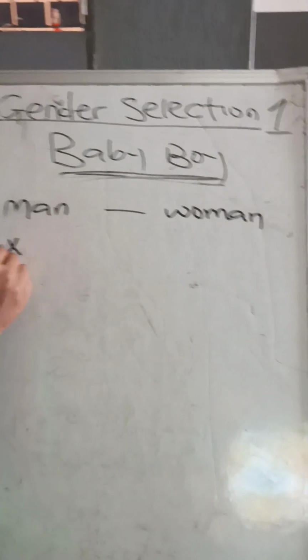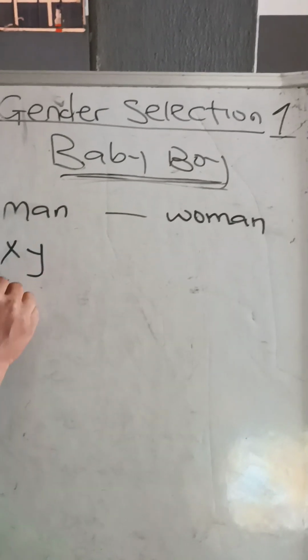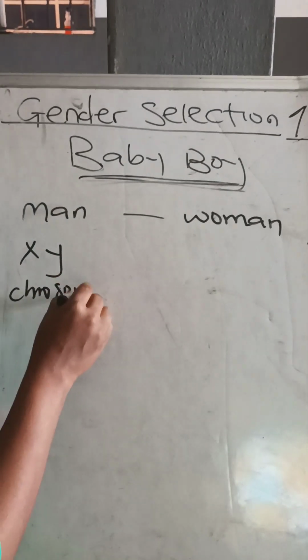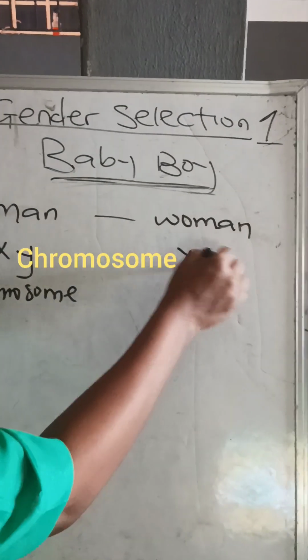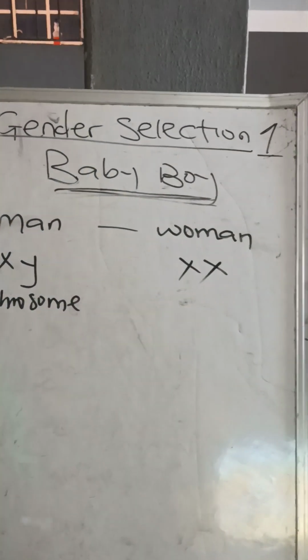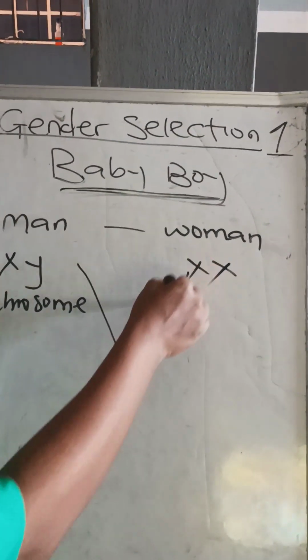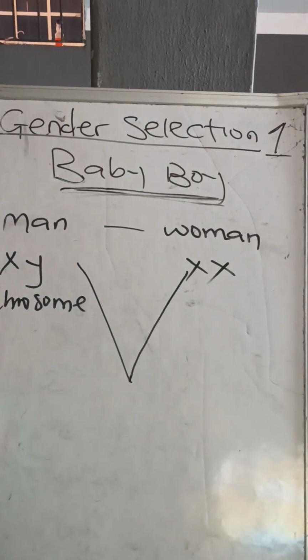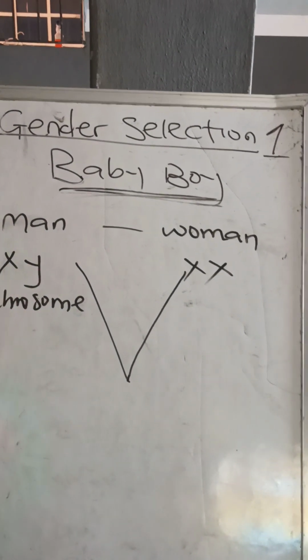I have to flip again to teach you this. Okay, so what I was trying to explain is that a man has what we call XY chromosome, while a woman has XX. During intercourse, these two people each bring out one of their chromosomes.